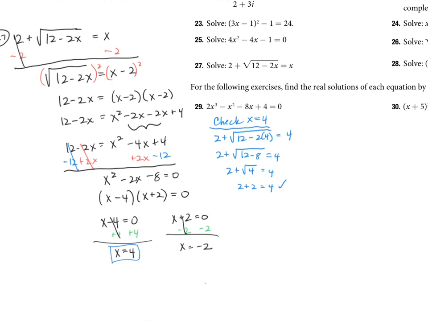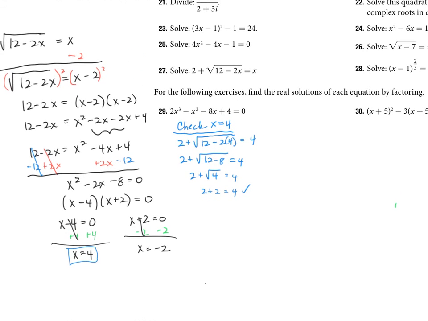Okay, so now I want to check the next possible solution. So check x equals negative 2. So we're going to get 2 plus the square root of 12 minus 2 times negative 2 is equal to negative 2.